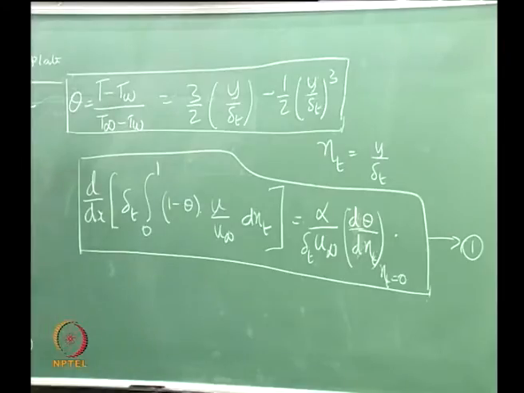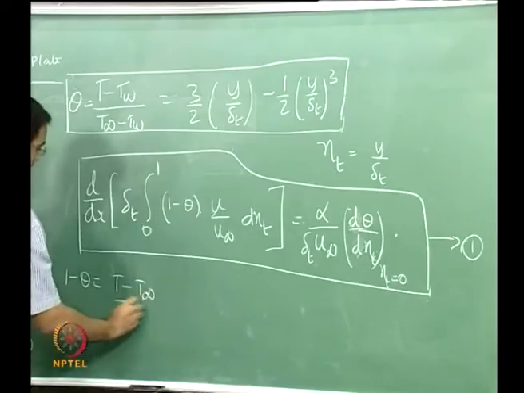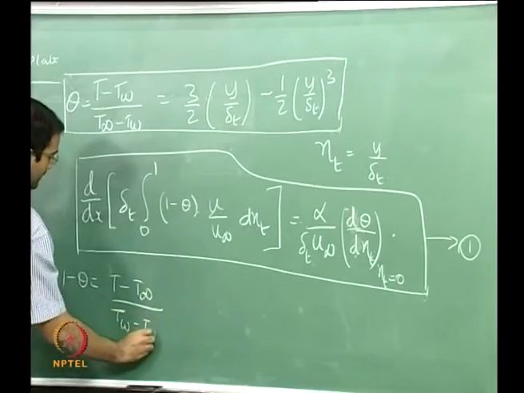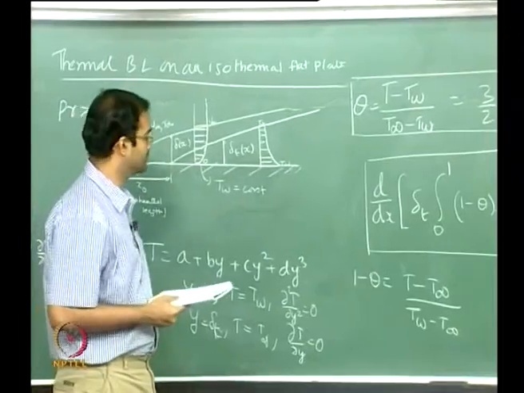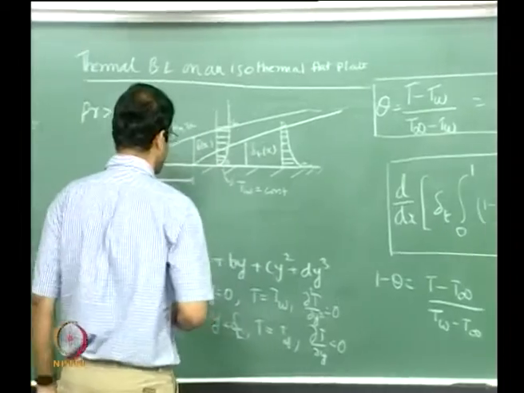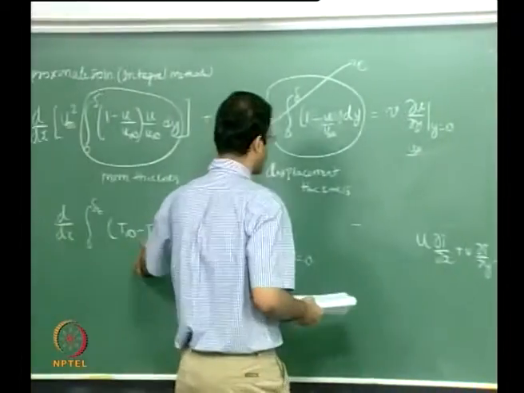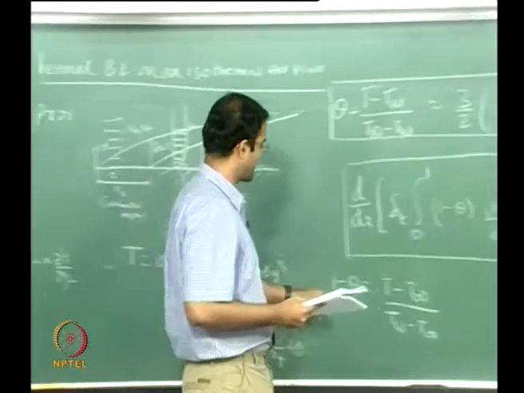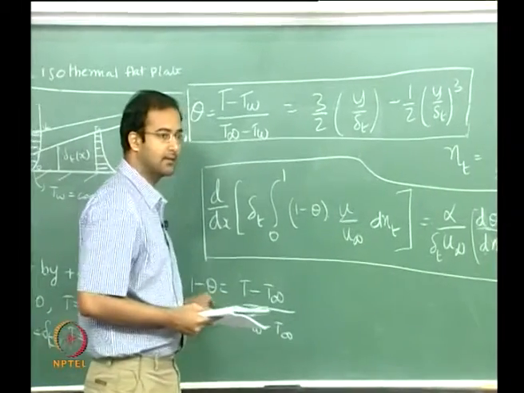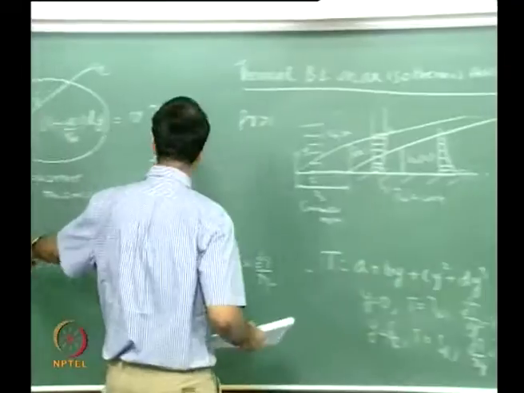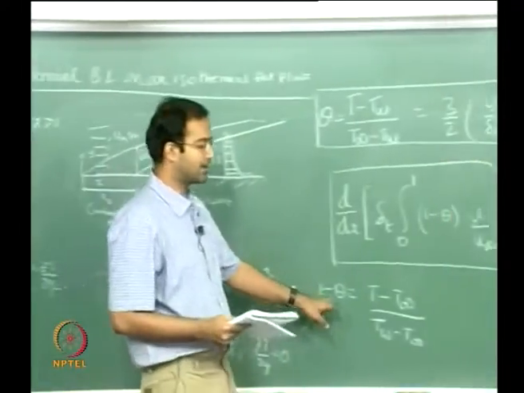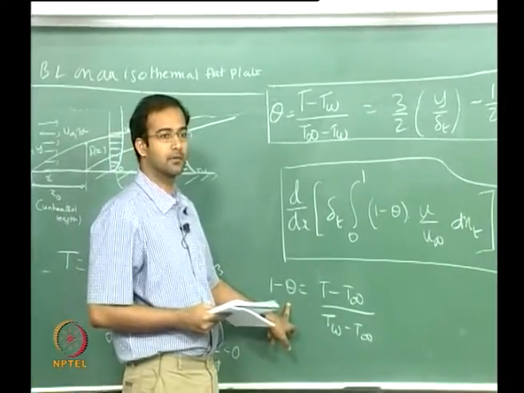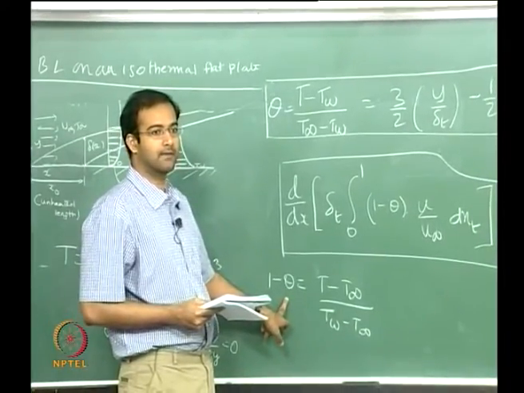Okay, so now this is theta, so 1 minus theta will be what? T minus T infinity by T wall minus T infinity. Is that right? So I can just substitute for T infinity minus T. That is 1 minus of 1 minus theta, and on this side dT by dy should be minus d theta by dy. So minus minus cancels on both sides.